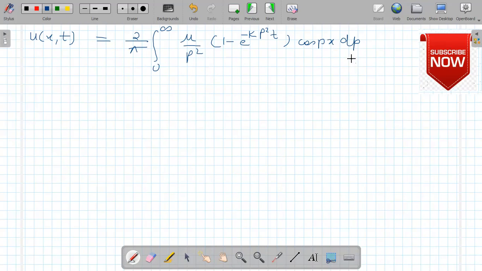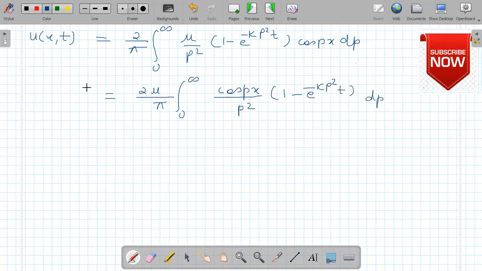So generally, we leave such expressions as they are by taking constant terms outside the integration if applicable. So we leave this expression as it is, and this will be the answer for the given problem.